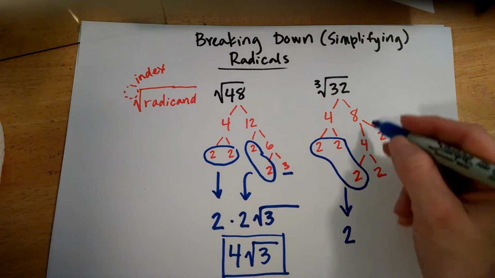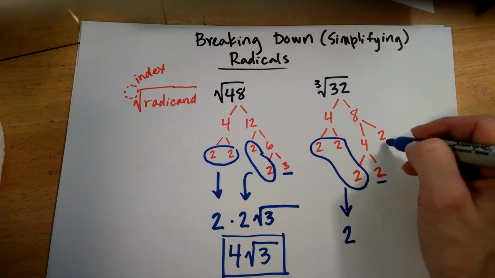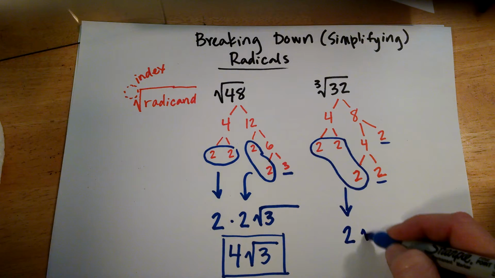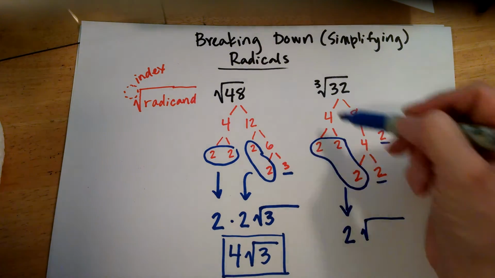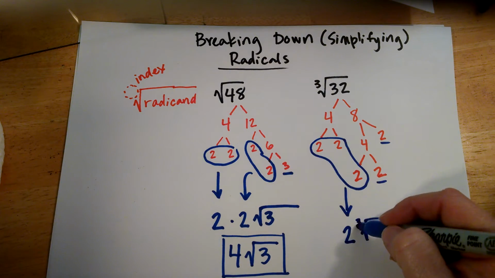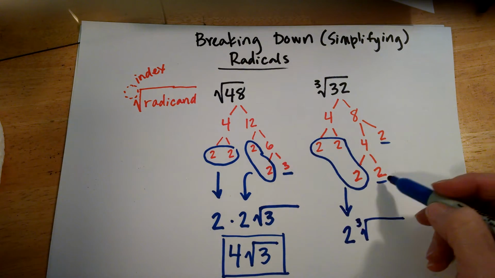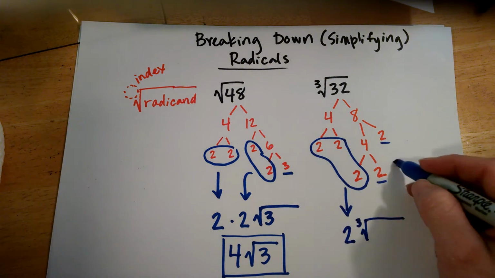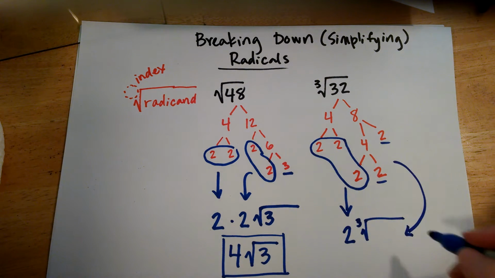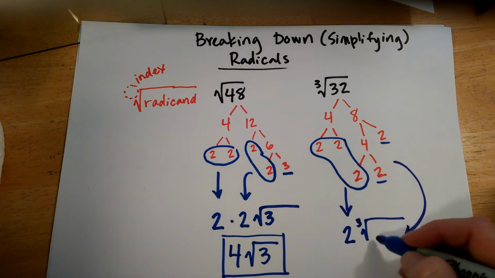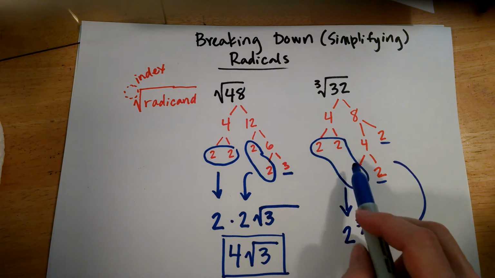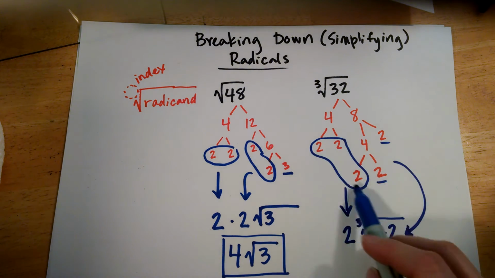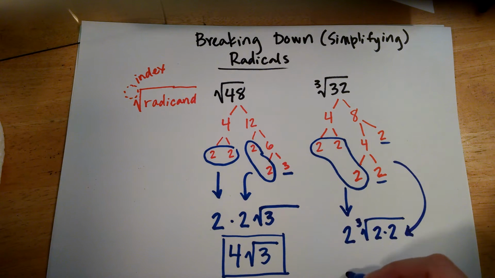And then I don't have any other 3 of a kind, so these are going to stay inside the radical. Remember, I want to keep the same radical here, so I'm looking for a cube root. That's going to stay the same. My leftovers are going to multiply, but because they're leftovers, they stay inside the radical, so it's 2 times 2. Only one 3 of a kind set came out, so that's 2 outside.